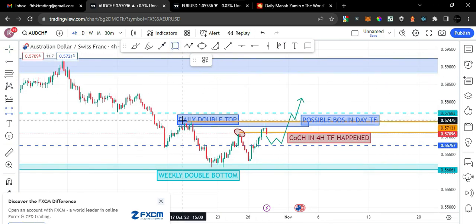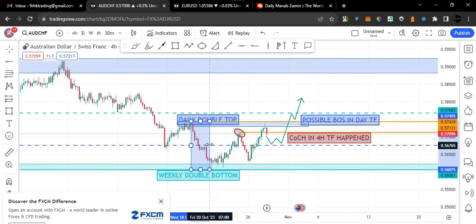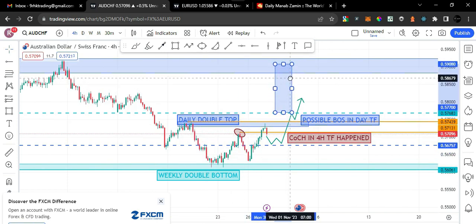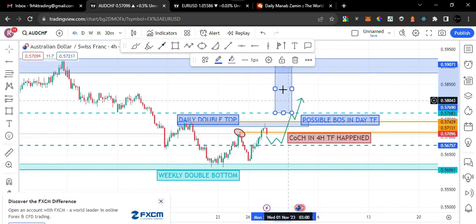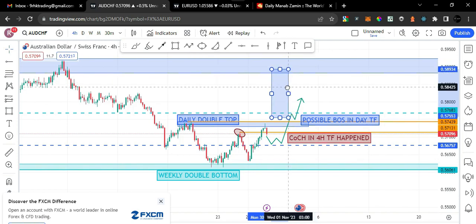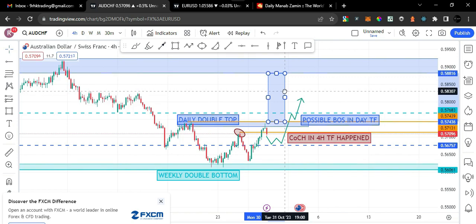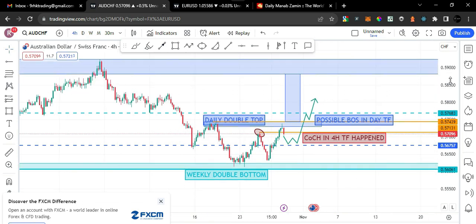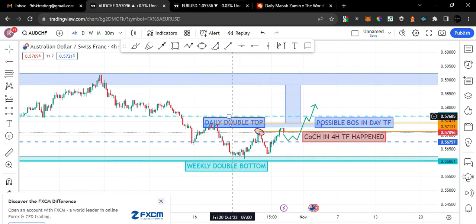We can measure this from here to here. This will go high up to this, plain and simple. I beg your pardon, not this, up to this position, which clearly indicates that it will touch the previous daily double top, which has been formed prior to this daily top.